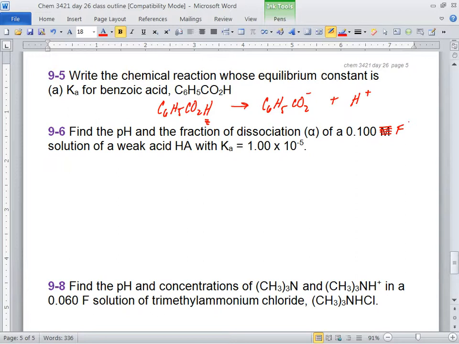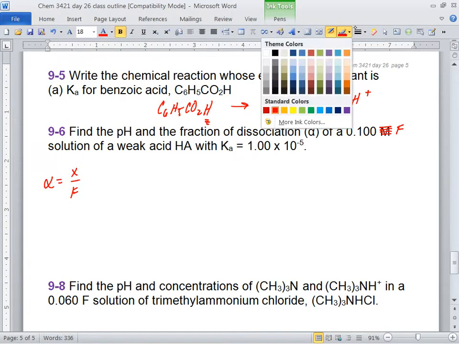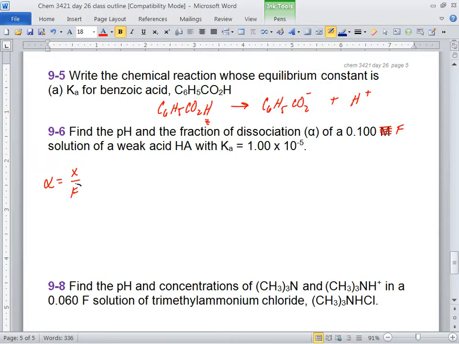So what's the game plan to do this, Desiree? They want pH, so you're going to have to do negative log of the hydrogen ion concentration. But how do you get it? Alpha equals X over F, and that F part, everybody, is 0.1. How do you get the X? Do ICE.